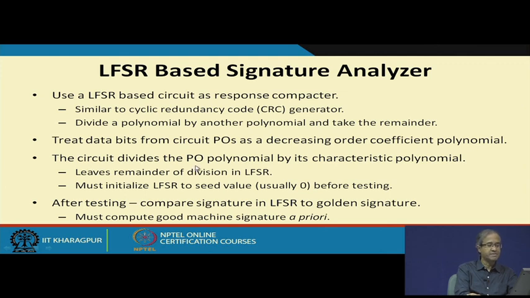We divide it by the characteristic polynomial of the LFSR, and after all the bit patterns are fed, whatever remains in the LFSR, that is the signature, the remainder after division. We are finally comparing that remainder with the good remainder, in the absence of faults, for the good circuit. So, the good machine signature must be computed a priori and stored in a ROM, so that after this experiment we can compare.